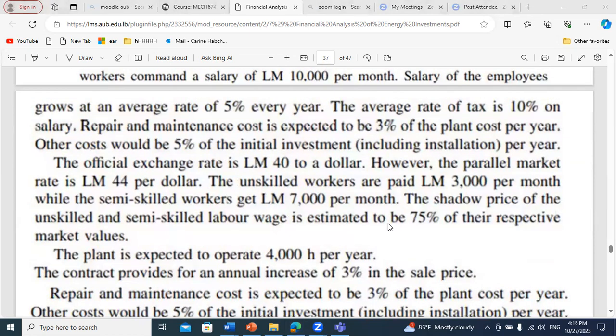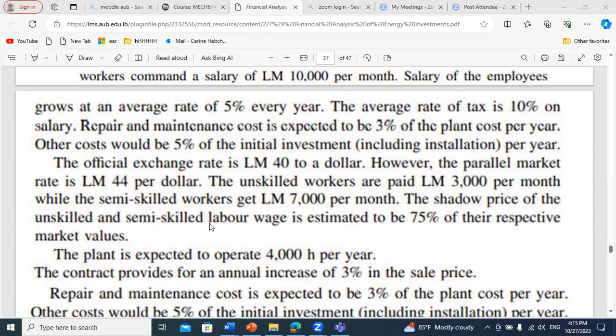This means that whenever we have local contractor, or whenever we have, let's say, employees, if they are unskilled or semi-skilled, whenever we consider the economic cost, we should have a reduction of 75% compared to the financial one. And sometimes, especially for unskilled and semi-skilled, they give you taxes. Yani they can give you, instead of this reduction, they can give you taxes.